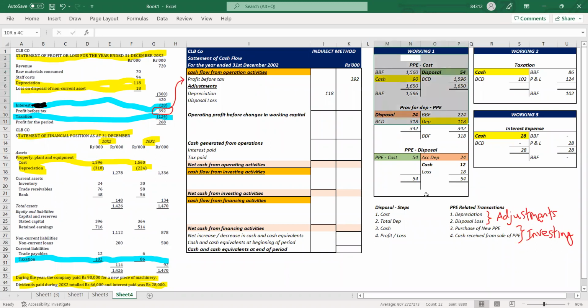So to identify only we do this work. Even if they don't give, by preparing this, you can identify the depreciation. Disposal loss 18, so that also will be added. These were deducted when calculating the profit. Therefore, we add back the depreciation and disposal loss. And the other two transactions, purchase of new PPE and the cash received from disposal of PPE.